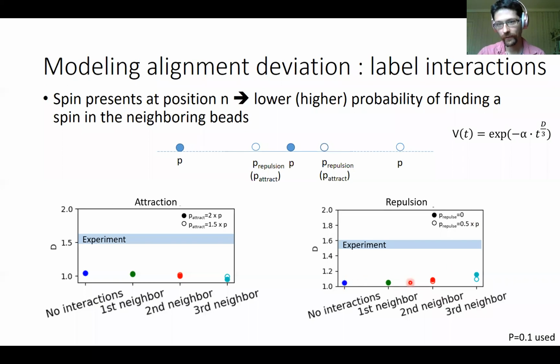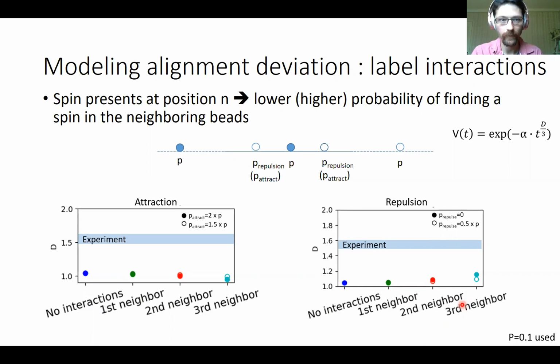And here you see that you have a trend that does increase D, but even over 3 neighbors in each direction, so it's a pretty long range interaction, you still are pretty weak compared to the experimental value. So it doesn't mean that those interactions don't happen, but it means that they can't be solely responsible for the D equal 1.5. Which means that we're thinking that the label motion is a key part in interpreting this D equal 1.5.